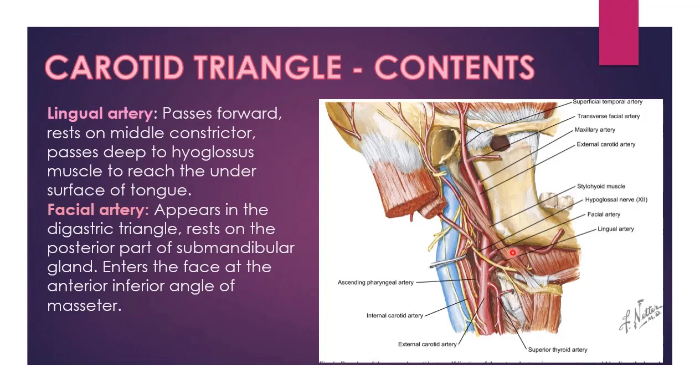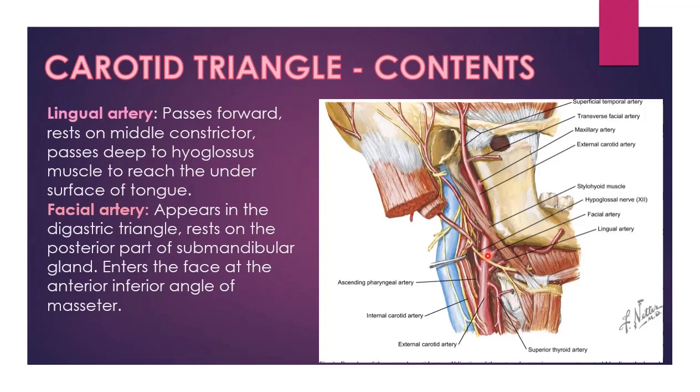The next artery you are seeing here is the facial artery. Sometimes both arise as a common trunk called the linguofacial trunk. It immediately enters the digastric triangle related to the submandibular gland and the mandible, makes a sinuous course, and then enters the face.